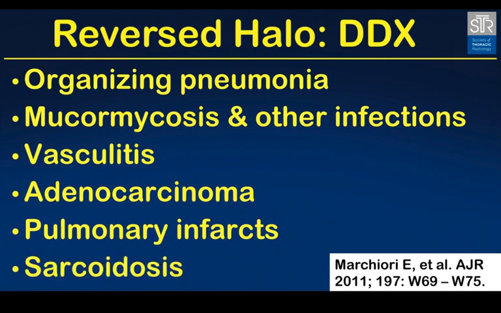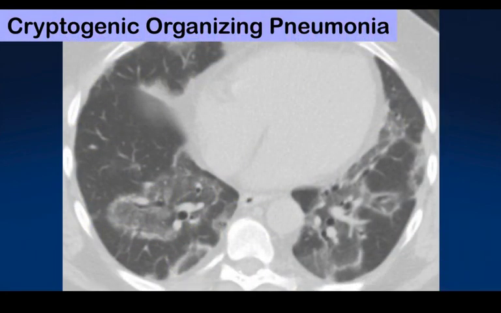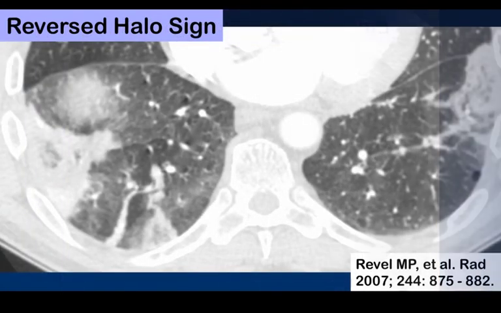And in fact, the list is quite long, and this article by Dr. Marchiori lists a large number of causes, but if you remember these 6, you will be in good shape. This was a patient with cryptogenic organizing pneumonia, which is organizing pneumonia, of course, without a known cause, which is a very characteristic cause for this reverse CT halo sign or reversed halo sign.